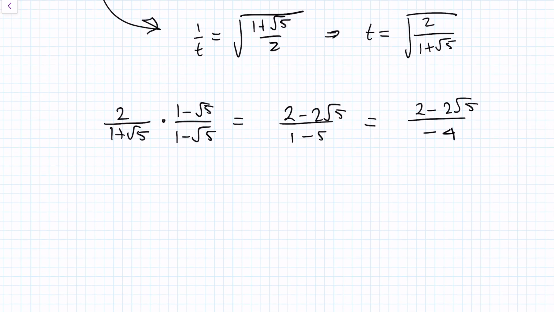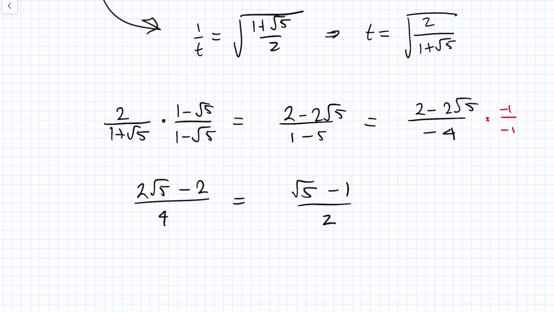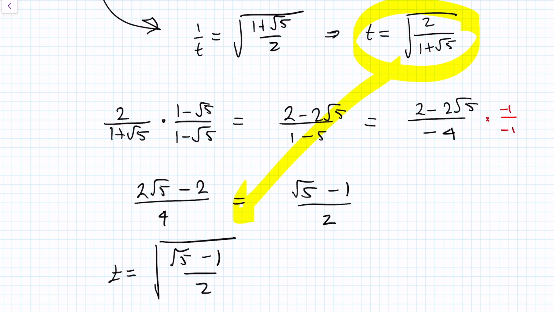And we multiply this by minus 1 over minus 1, so we will have 2 root 5 minus 2 over 4, that's equal to root 5 minus 1 over 2 if we cancel 2's, right? So in other words, t will equal to square root of root 5 minus 1 over 2. So in other words, that becomes that, okay?